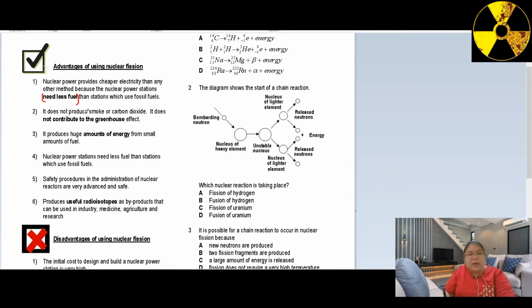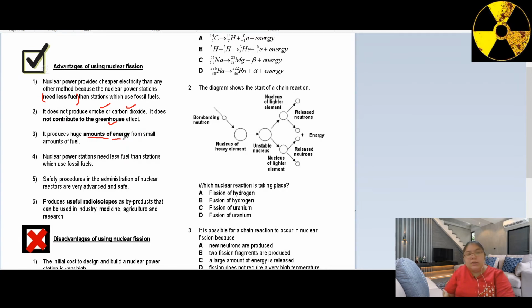Okay, the next one, they say they do not produce smoke, like carbon dioxide. So they do not contribute to the greenhouse effect. Not like your petrol, you need to burn it, and it produces smoke. Number 3, they produce a large amount of energy.